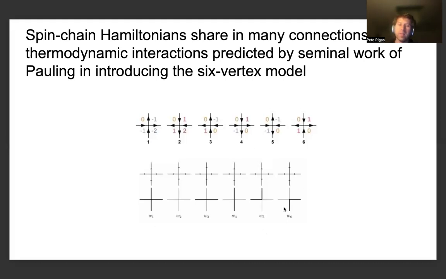And besides the arrow representation, which is related to the height function of the six-vertex model, there are also line representations, which can represent configurations from the arrow orientations of the six-vertex model, which all lend themselves to many thermodynamic interpretations that I've looked at and discussed in previous videos on the channel.